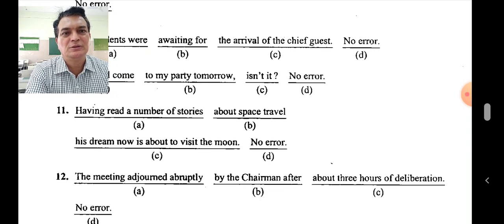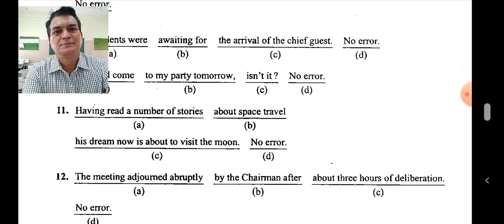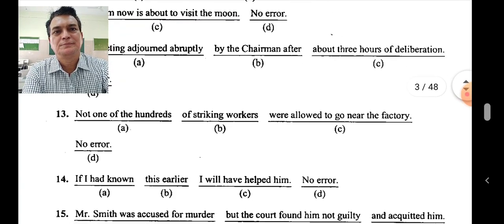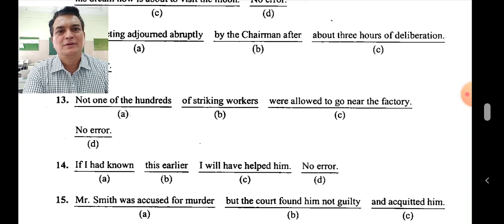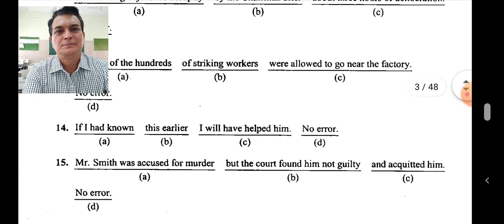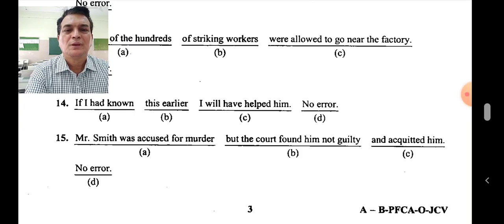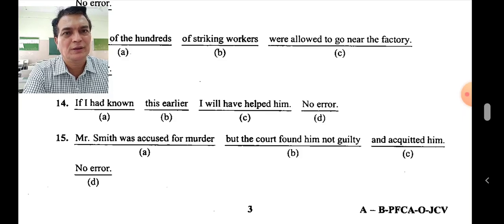The meeting adjourned abruptly by the chairman after about 3 hours of deliberation. Not one of the hundreds of striking workers were allowed to go near the factory. If I had known this earlier, I would have helped him. Mr. Smith was accused for murder, but the court found him not guilty and acquitted him.